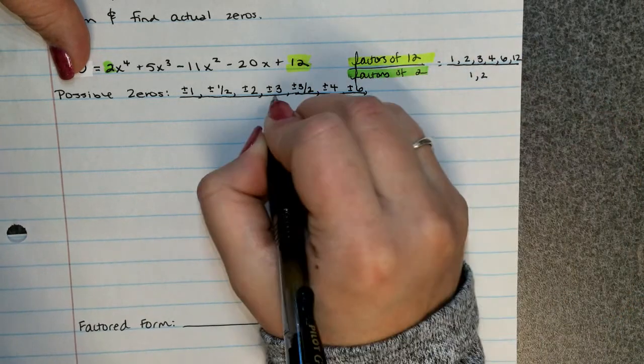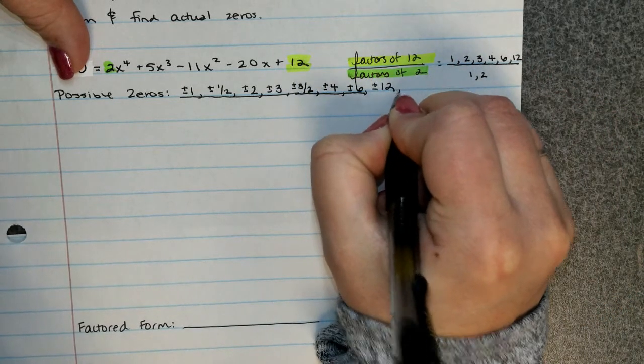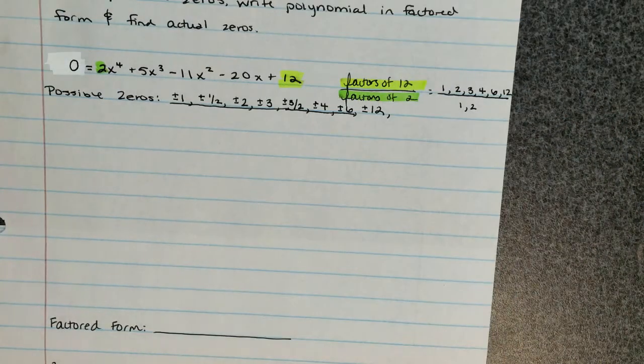And 6 over 2 is 3, that's on our list. 12 over 1. 12 over 2 is 6, which we also have on our list already. Okay, so that's our first step, find all the possibilities of zeros.